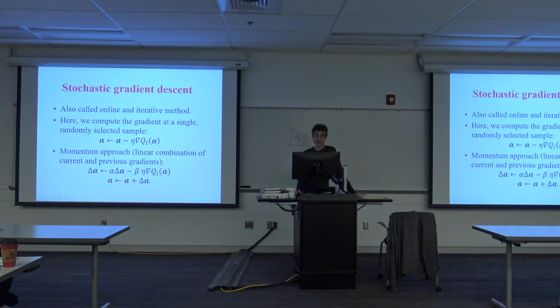And instead, in what's called stochastic gradient descent, which is generally the preferred approach, it's also called online or iterative method, but most people call it stochastic gradient descent. In that case, we compute the gradient as we have shown here on every sample independently, okay? But to be really stochastic, then you have to select the samples randomly, right?